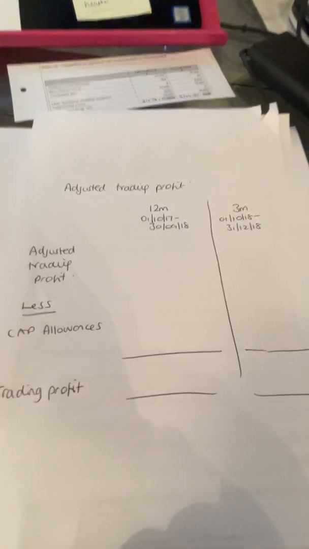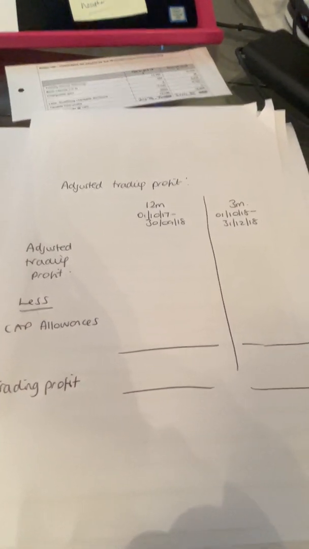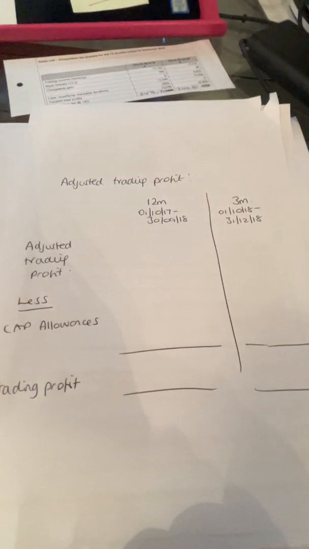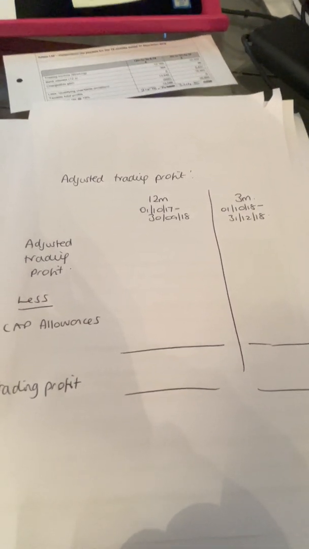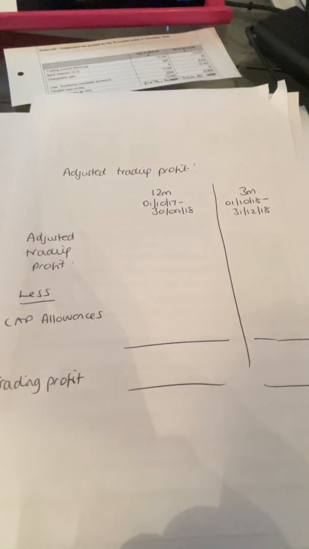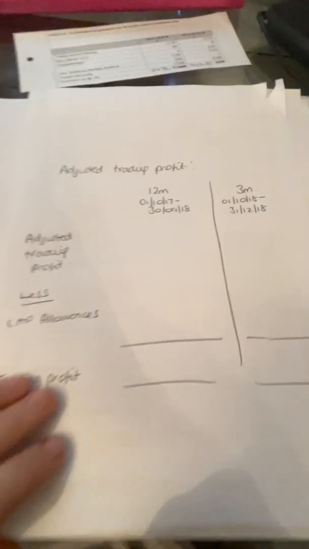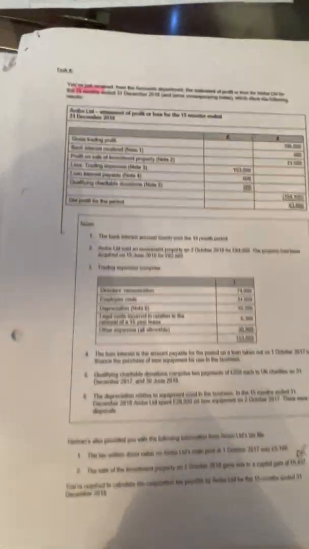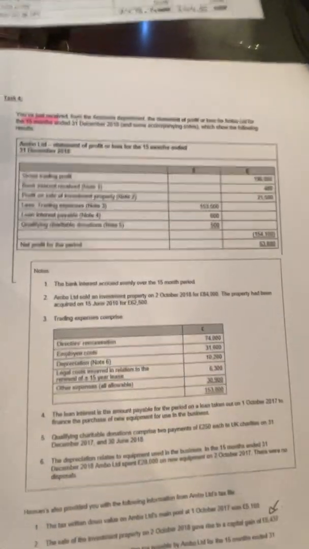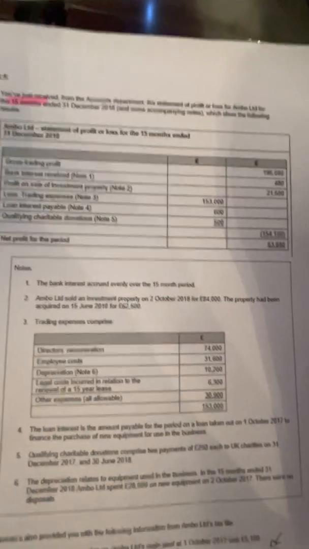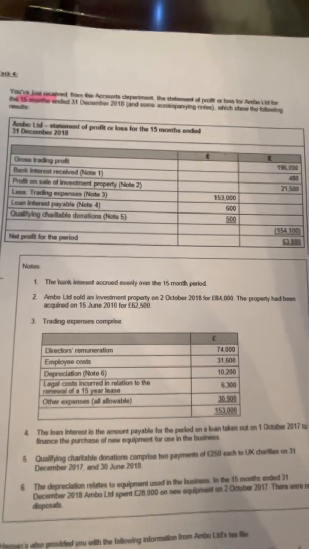So this is taking us right back to week 1 and week 2 when we worked out adjusting trading profits. Okay. So let's look at the information that we've got. So we've got bank interest received, note 1.